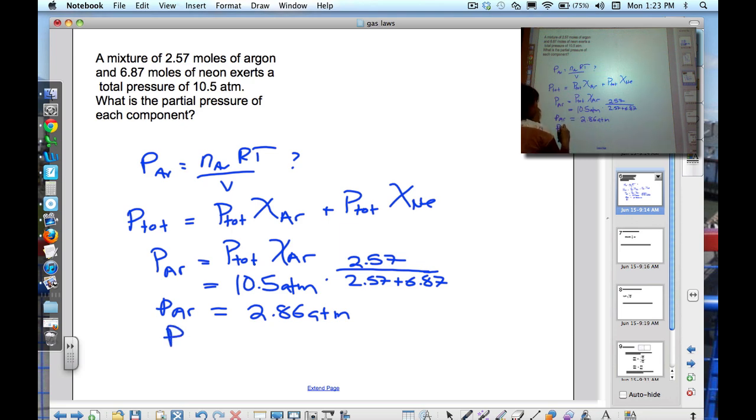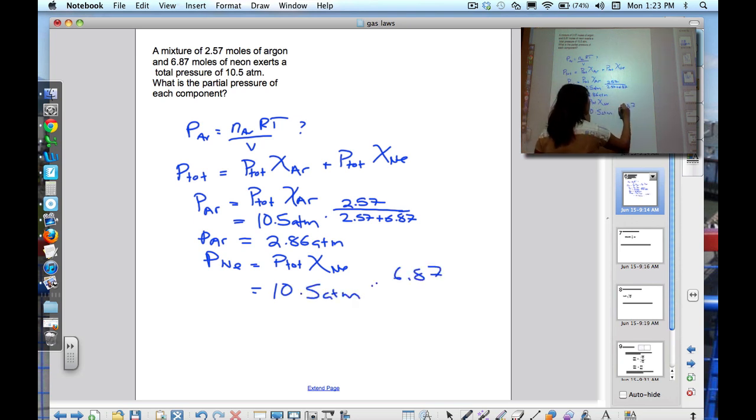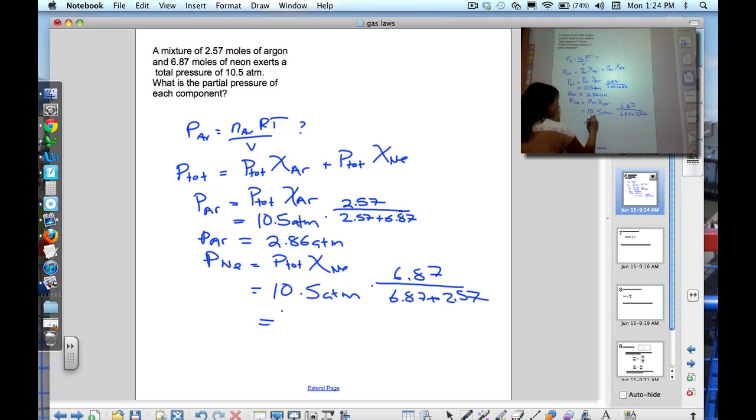The partial pressure of neon would be equal to the total pressure times the mole fraction of neon, which is equal to 10.5 atmospheres times 6.87 over 6.87 plus 2.57, which is equal to 7.64 atmospheres.